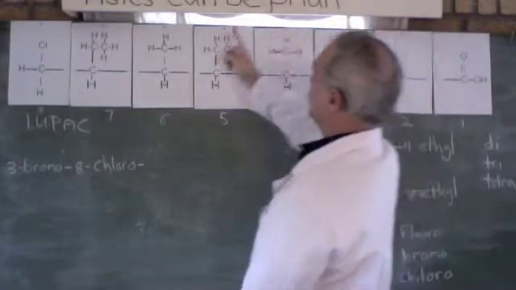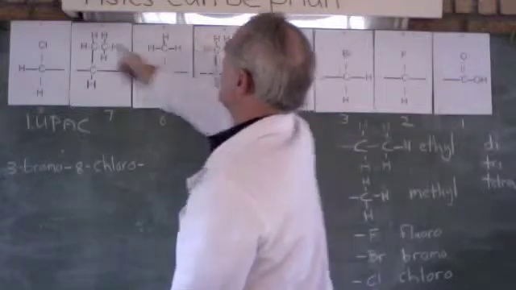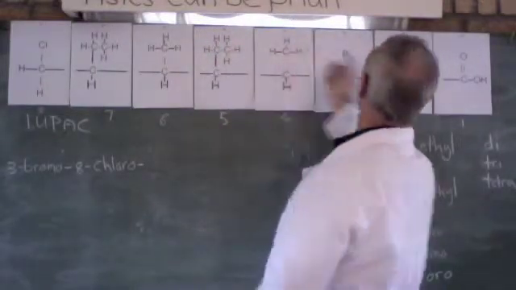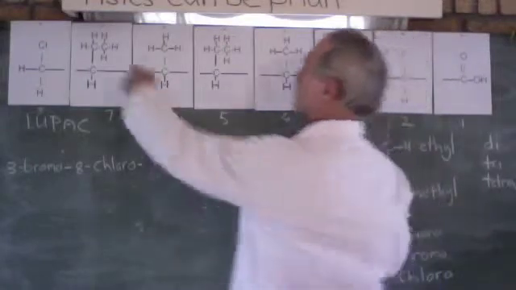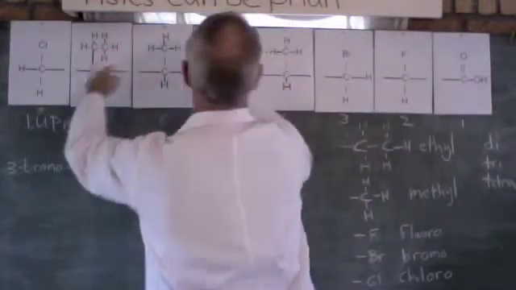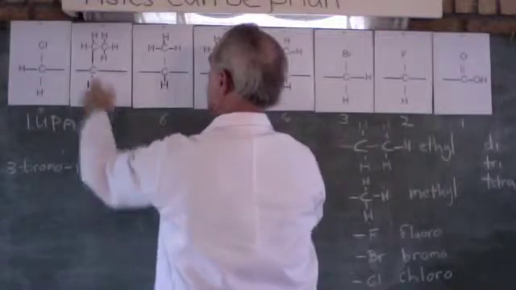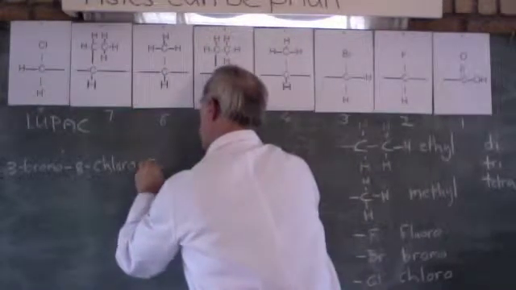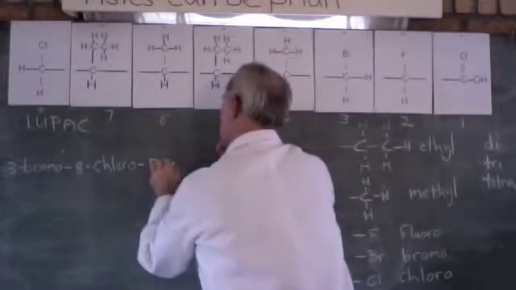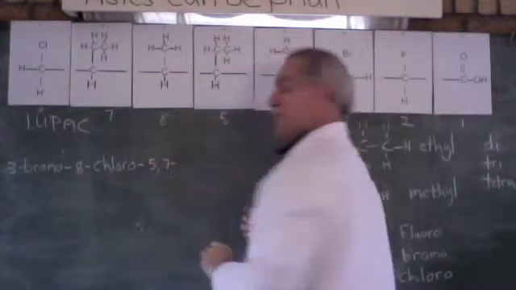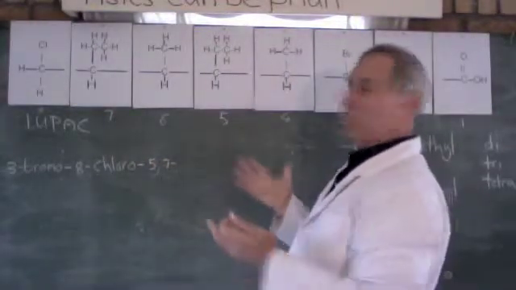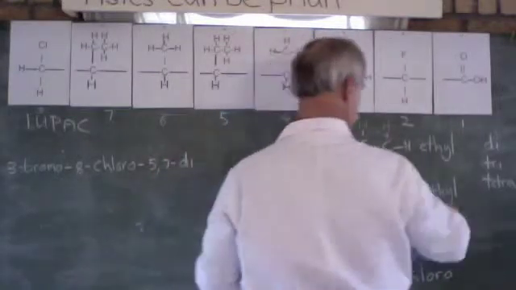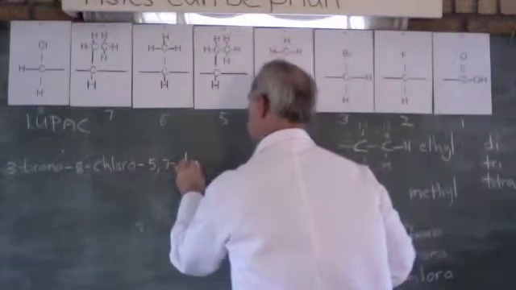But we've got these ethyl groups, and E comes before F. So we've got on number 5 and number 7 an ethyl group. So we're going to say 5,7-ethyl. But if we've got 2 of them, we've got to say diethyl.